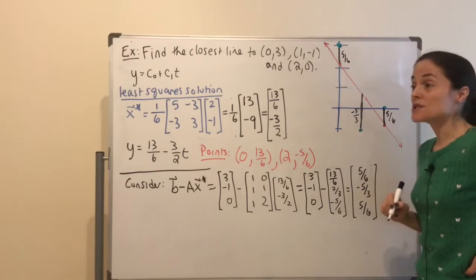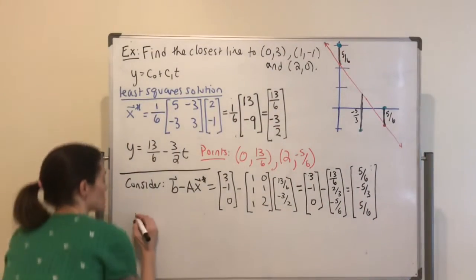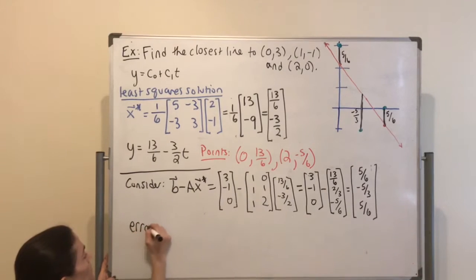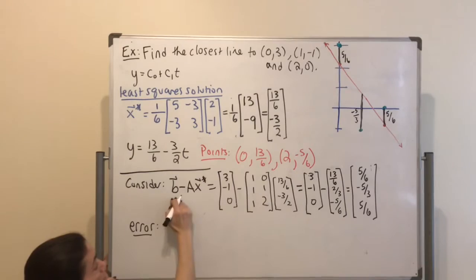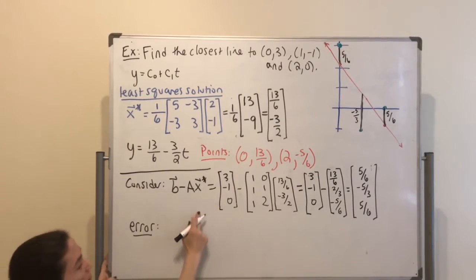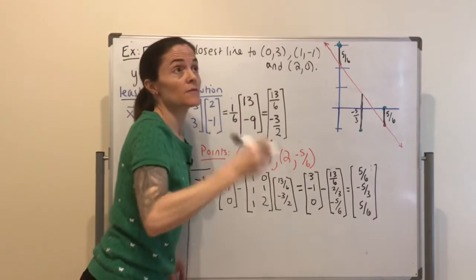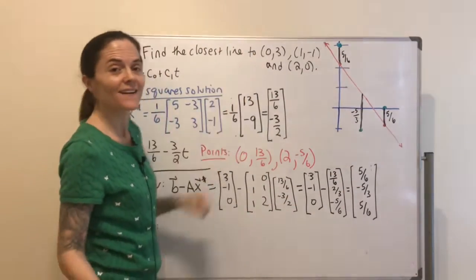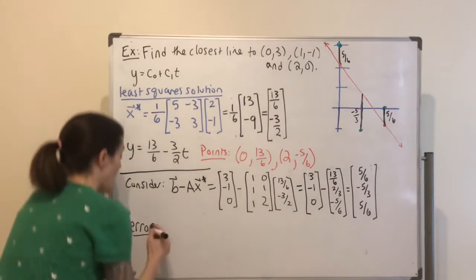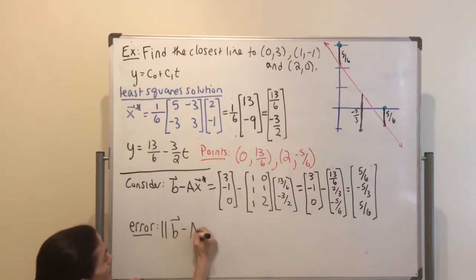Okay, so now let's talk about the length. And this is what we refer to as the error. The components that we found in this b minus A x, in absolute value at least, are the lengths of the vertical bars that measure how far apart we are. And the error is what we're trying to minimize.